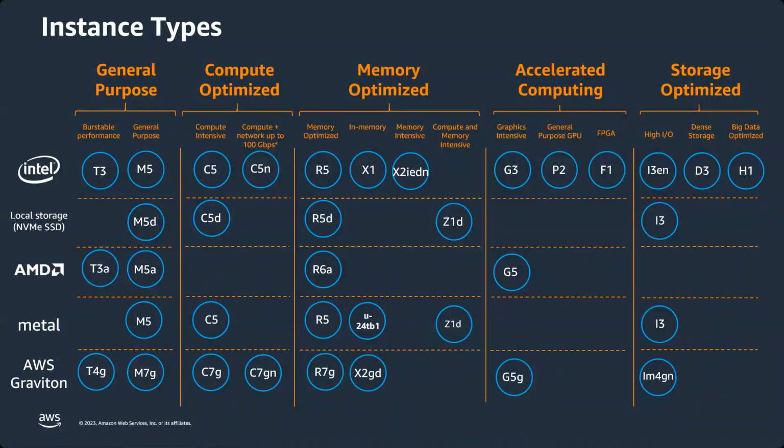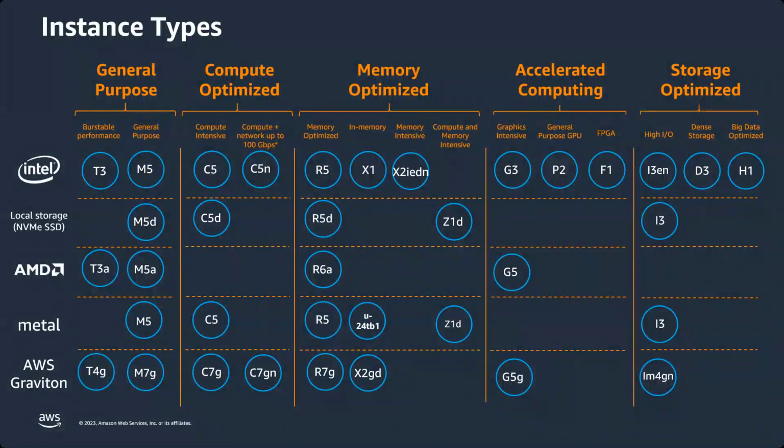By the way, this isn't a comprehensive or exhaustive list of all the different instance types. There are just a few examples from each category, because there are over 650 instance types as of today.